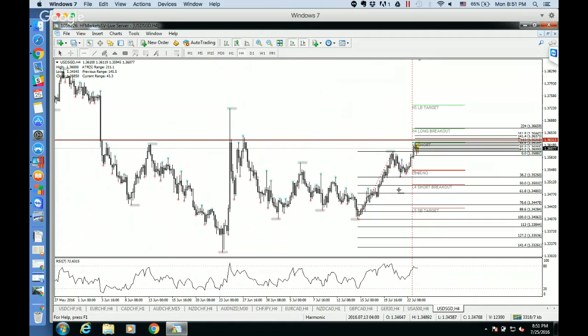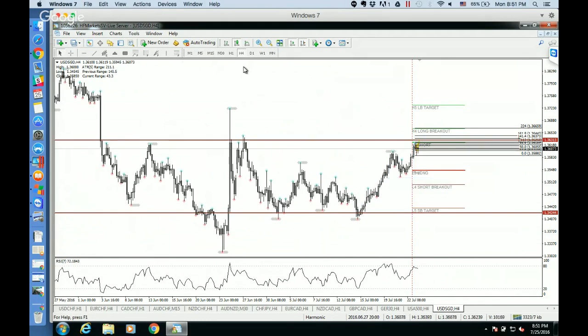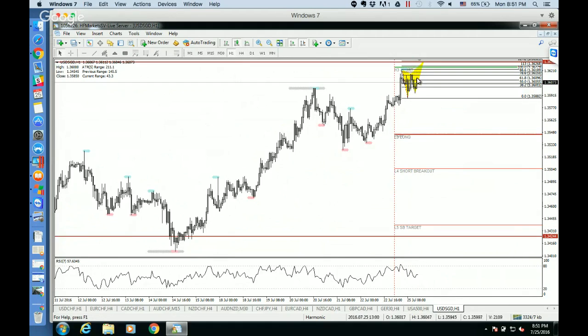So it's completing at the 88.6. So you can actually trade this, meaning price rallies back up towards the completion of the butterfly, you can enter and look for an opportunity to short. Again, this little butterfly pattern over here is counter trend in terms of fundamentals because the dollar is very strong.